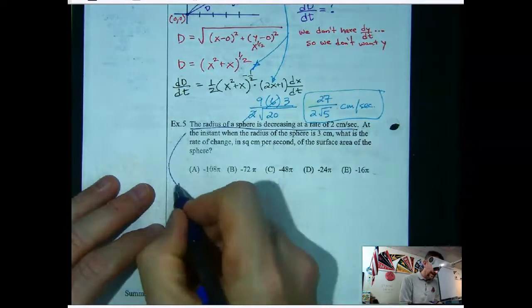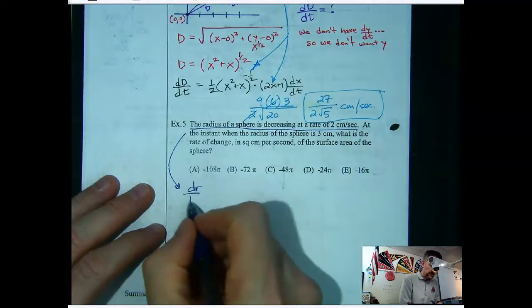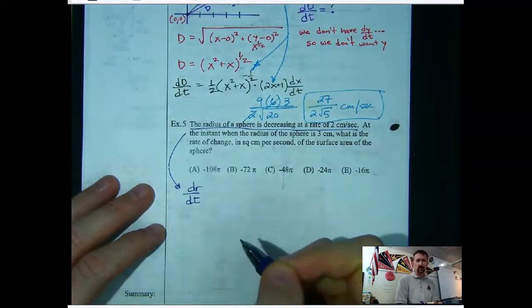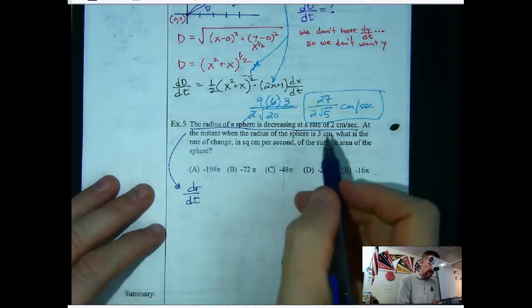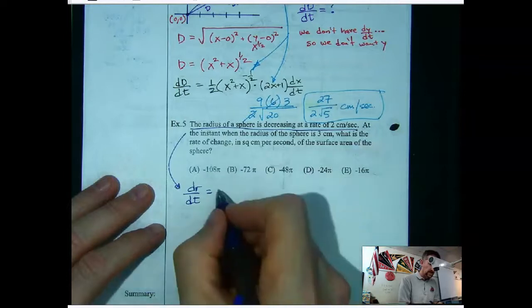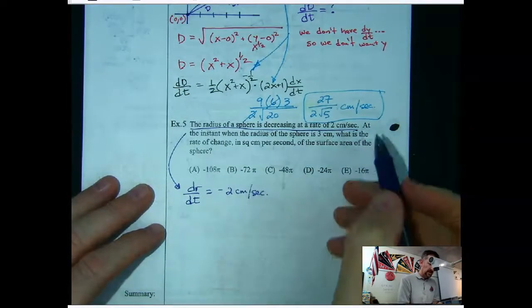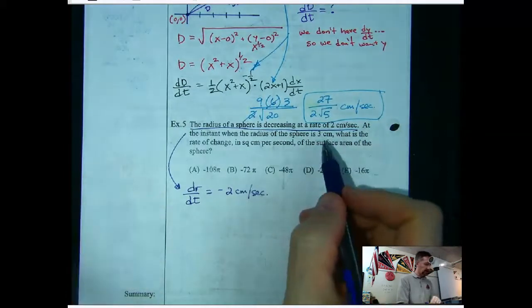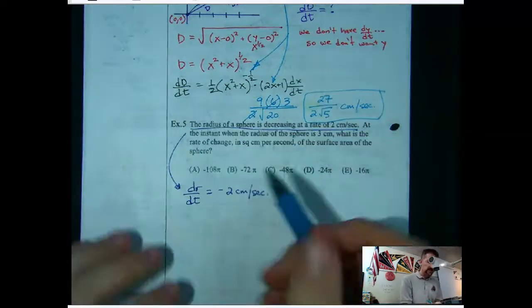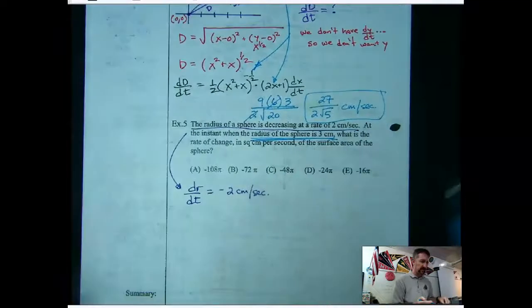Alright, the radius of a sphere is decreasing at, okay. So the radius is decreasing, so that's a rate, so dr/dt. And it's decreasing at a rate of 2, so that's going to be -2 centimeters per second. At the instant when the radius is 3, that's going to be the post-derivative substitution. That's telling r equals 3, but that's after we take the derivative.